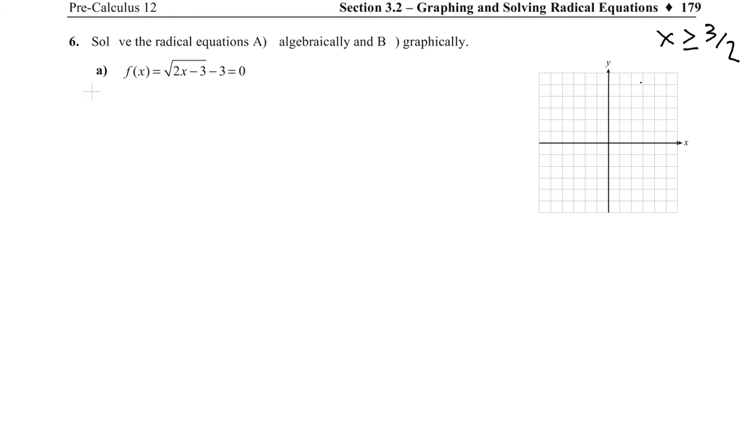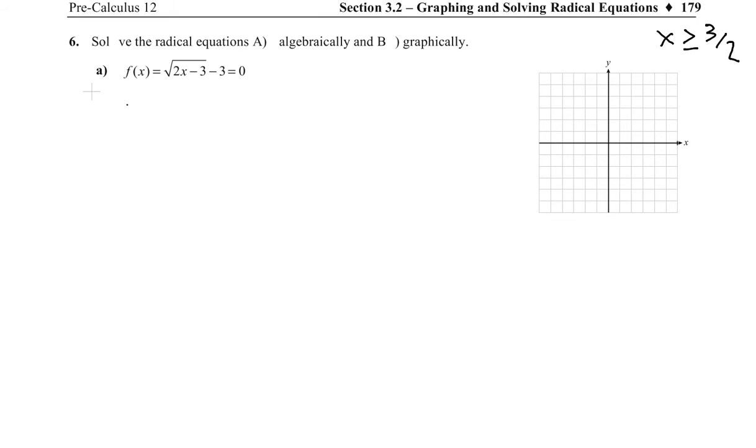So now what we want to do is try to find an x-intercept, because that's probably going to be a good place to start, finding values of x and y. So when we are finding an x-intercept, we once again want to solve for x.